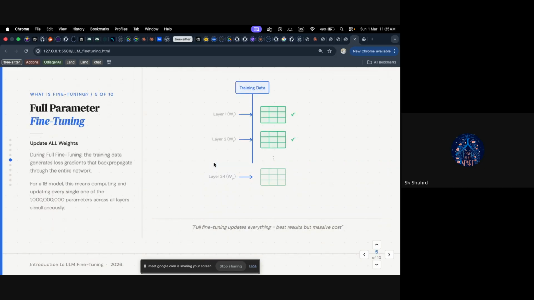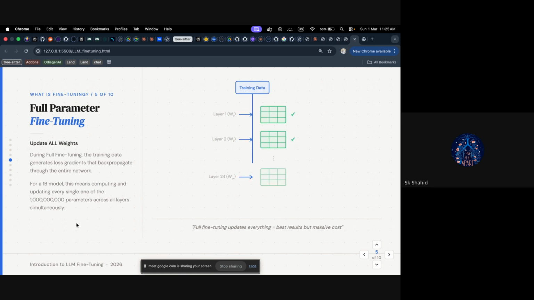Now we'll look at what exactly full parameter fine tuning really looks like. In our previous example, we have 24 layers. When we have the training data, we pass it through the neural network, and for each layer we get updated weights during the full fine tuning. The training data will generate the loss gradients and then update the weights.